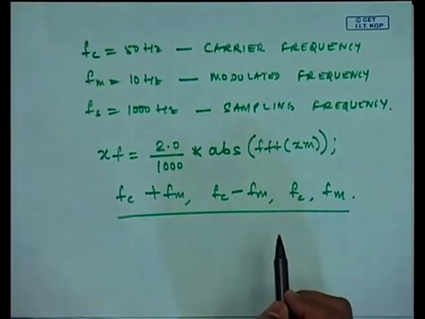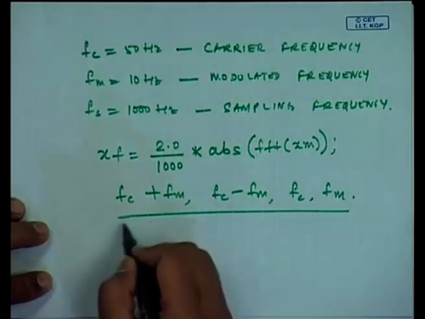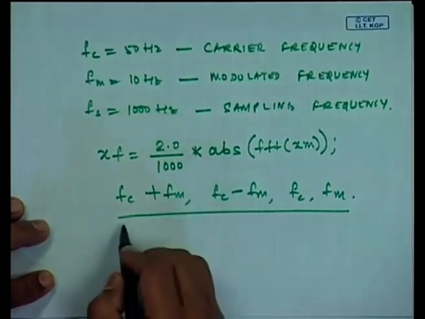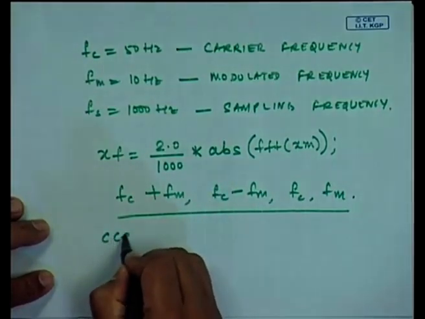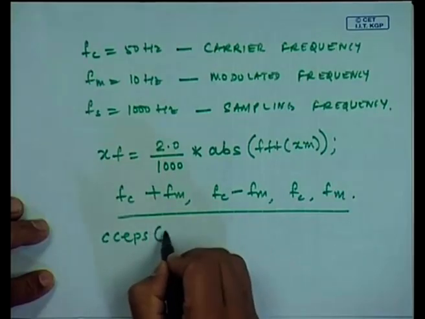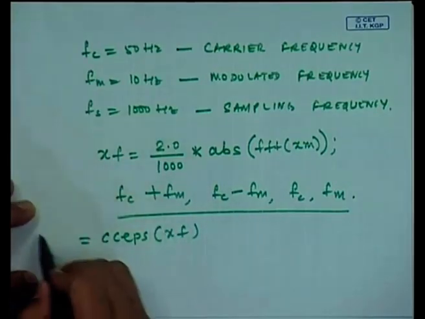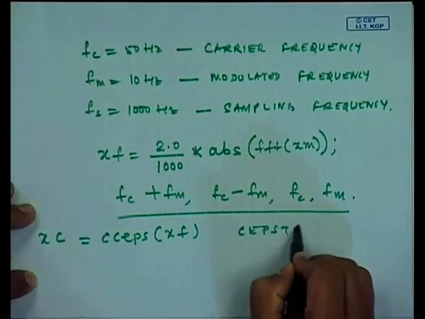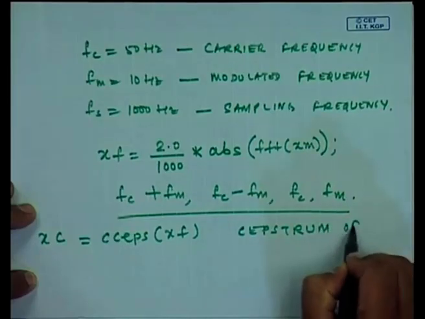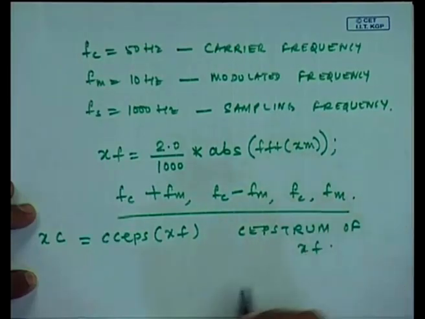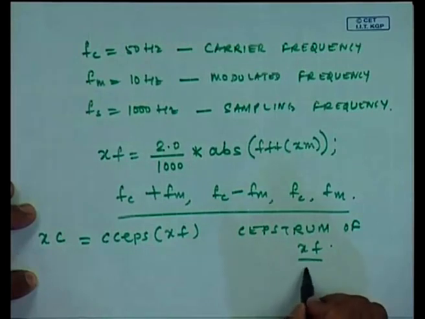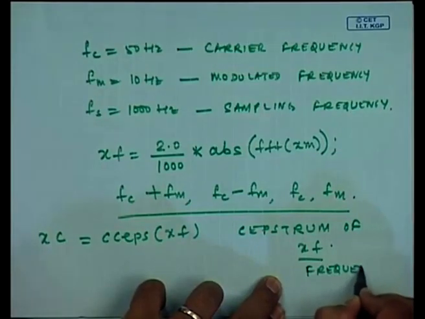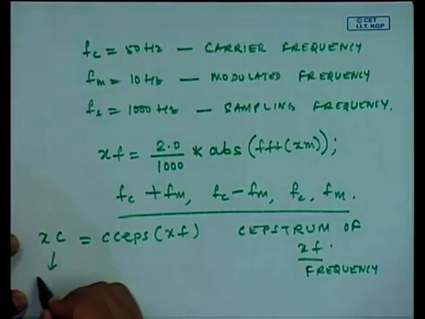And if you do the Cepstrum of this signal, you need not take the FFT. So, you have to look into the algorithm Cceps of XF equal to XC, Cepstrum of XF. So, Fx is in the frequency domain, and this is in the time domain.